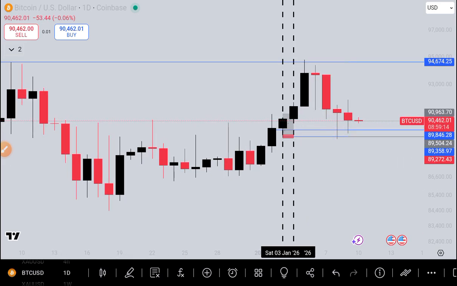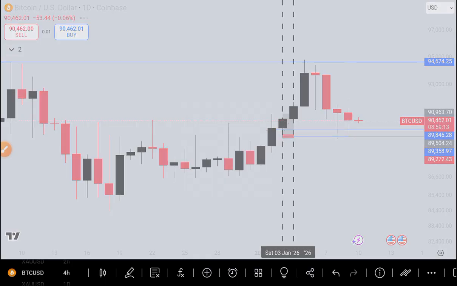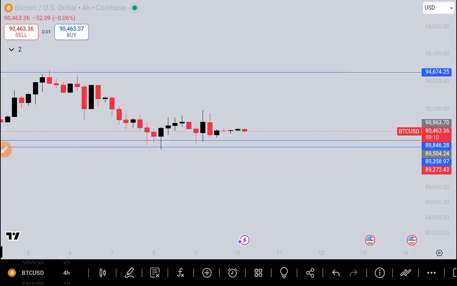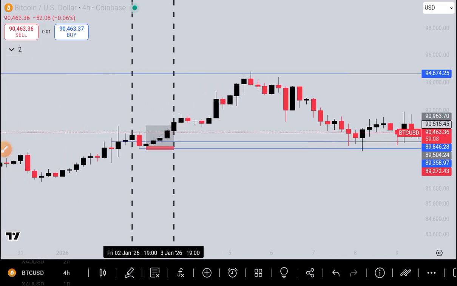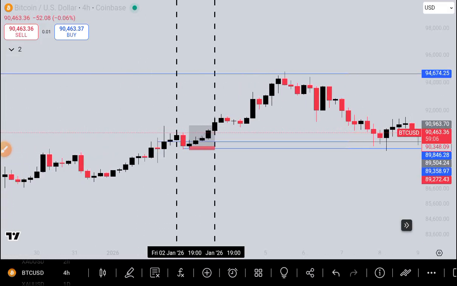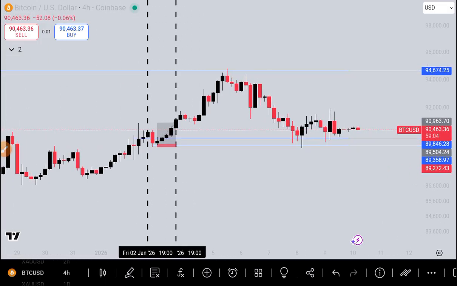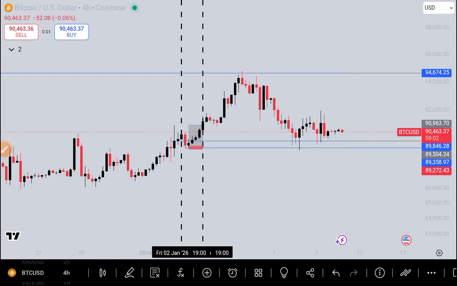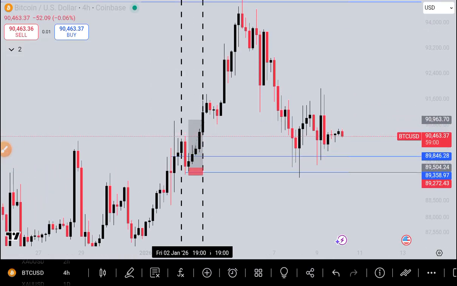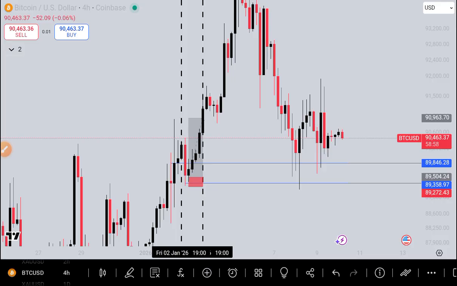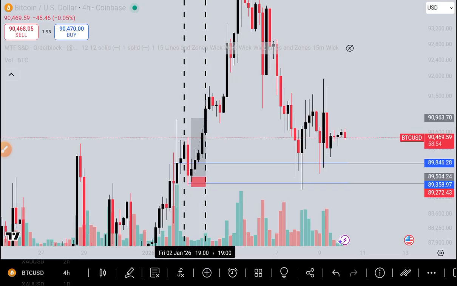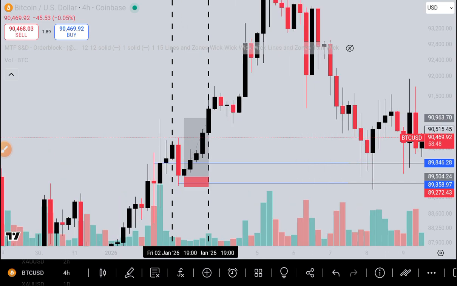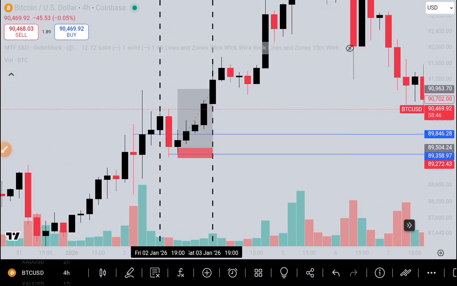All right, the next day. The next day, we're still on the same bias. Now let's find the volume POI for that day. Within this day, where is the volume strongest?